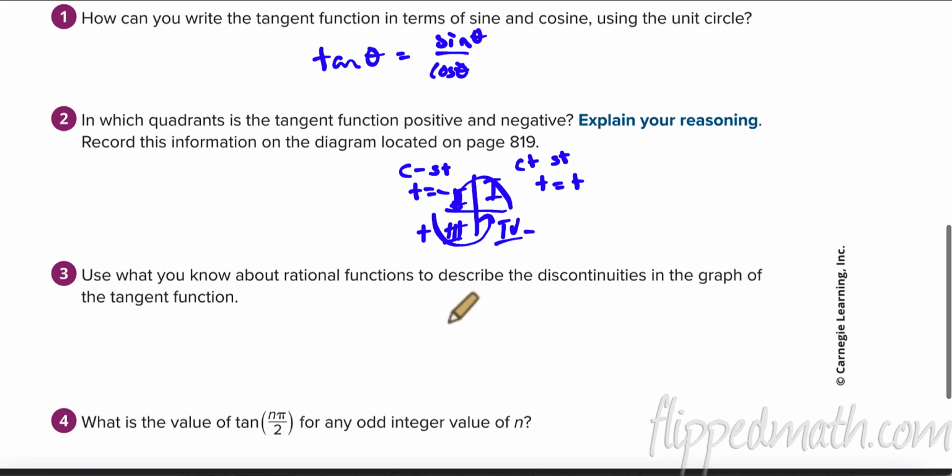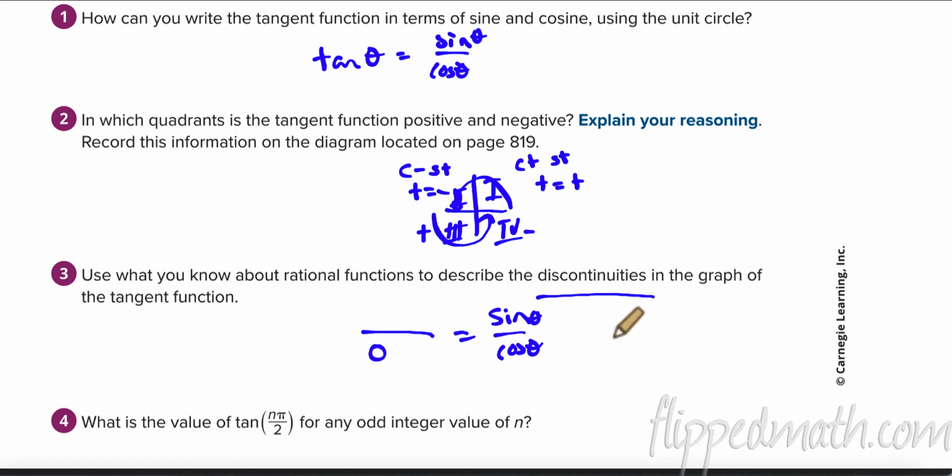What do you know about rational functions to describe discontinuity? Well, discontinuities are those asymptotes. Right? What do we have in an asymptote? Whenever the bottom equals 0, right? So tangent is sine over cosine. So for this, all we have to know is whenever cosine is 0, we have an asymptote, a discontinuity. Okay?